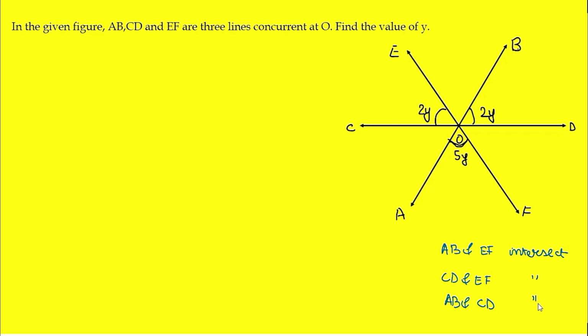So three lines mutually intersect each other. Now you are to find out the value of y. How will you find it? Same, we have to use the concept of vertically opposite angles.